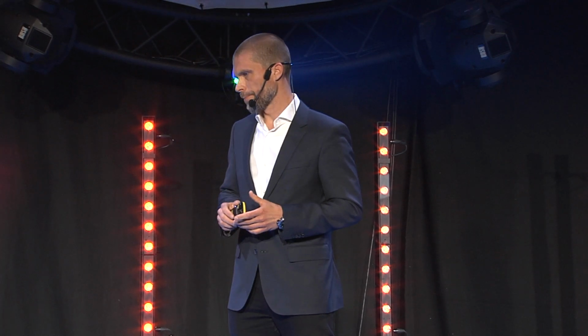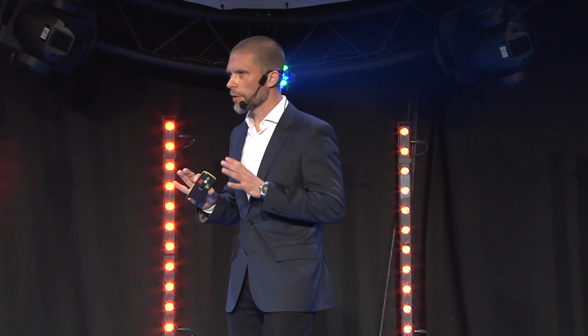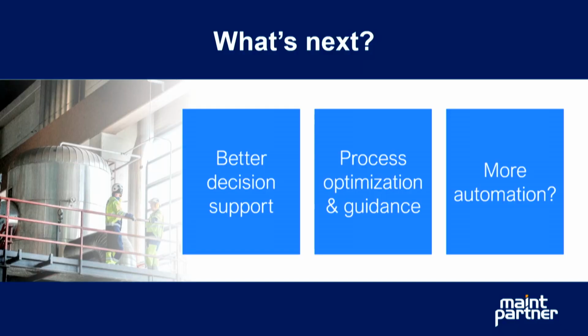Now, what are we doing next? There's a couple of things that we're really thinking about at the moment. Number one is to make the decision support even better. At the moment, we show a warning that something is amiss. Something is happening for the first time, and the customer will go and check it out and make their decisions. Now, it would be very nice to provide more information.